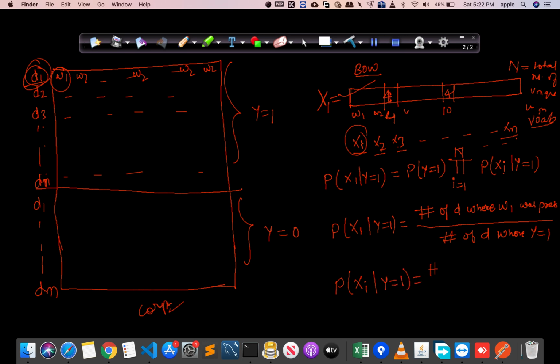Then we can use the formulation that we have above. So we will do this for all the n unique words, and in that fashion we will get all the probabilities for y equals 1. The same thing will be done for class 0. I think I don't need to explain that.